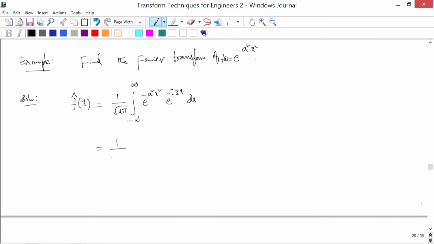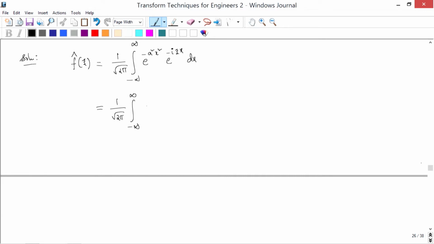So this is equal to 1 by root 2 pi. I do a small trick here. You try to put it together, so that you get a minus a, so you try to write something minus a square, that kind of thing. So we have a x, and finally to get i xi x, what you need is i xi.